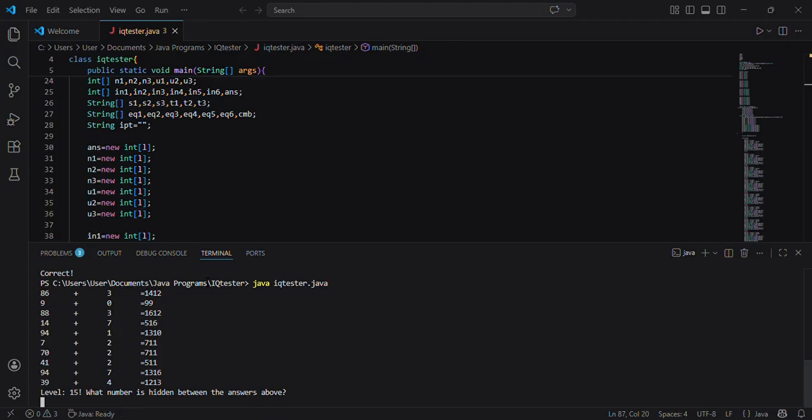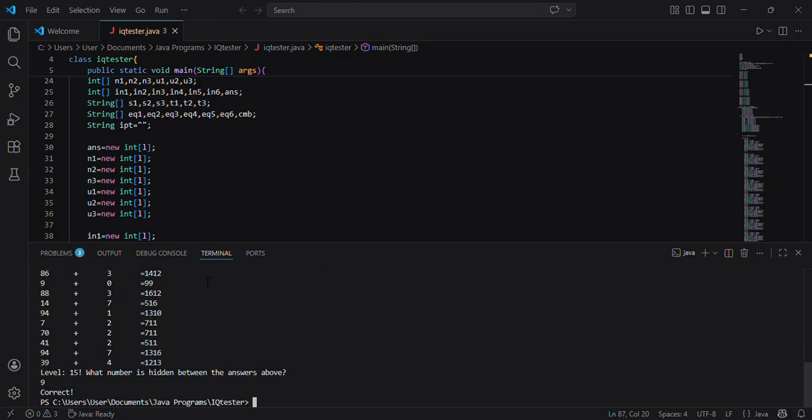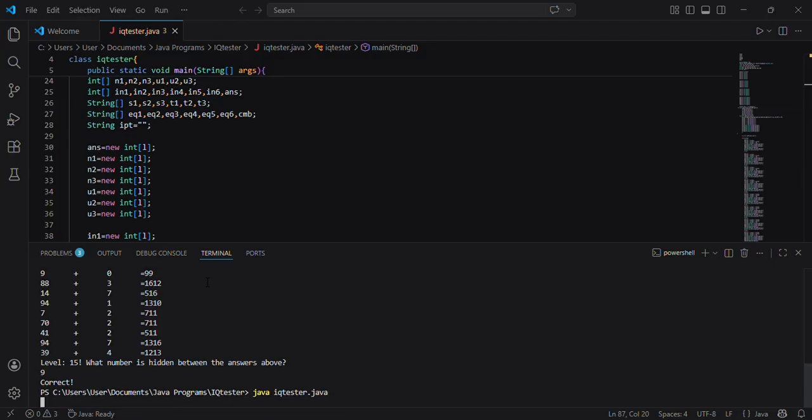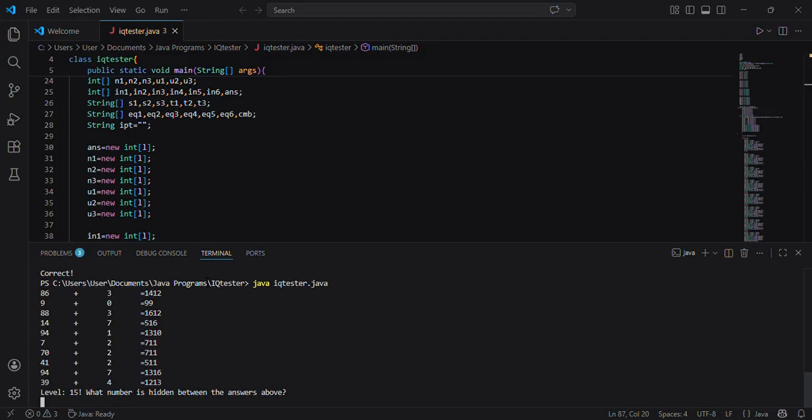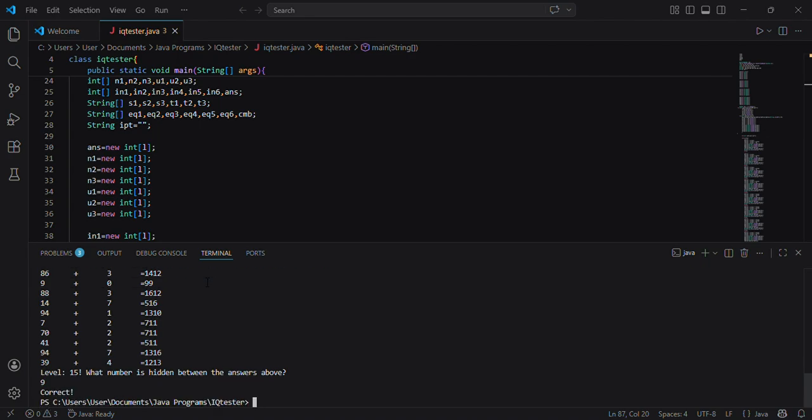Obviously here it might be 3 plus 9 is equal to 12 as in the first case. So we'll type in 9. The hidden number is correct. Now we will check another question with the same question asked. Find the hidden number. It is again the same question, and looks like it is the same. We type in 9.